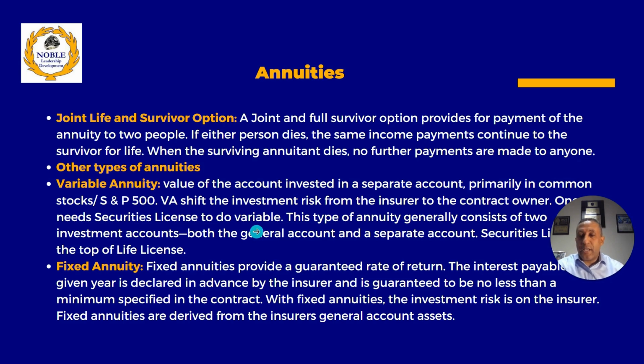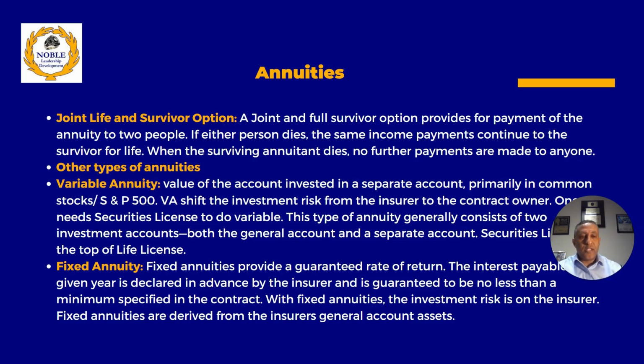A fixed annuity pays a fixed rate of return to the policy owner. A fixed annuity provides a guaranteed rate of return, and the interest payable for a given year is declared in advance. So it's a fixed number. It could be 3% or 4% or 5% credited to the account.